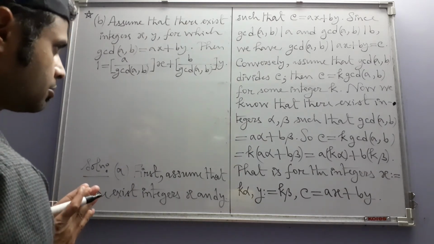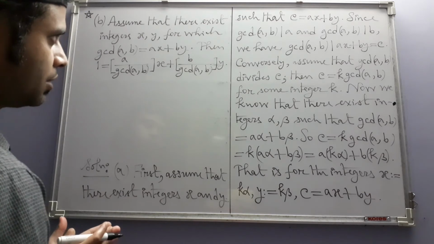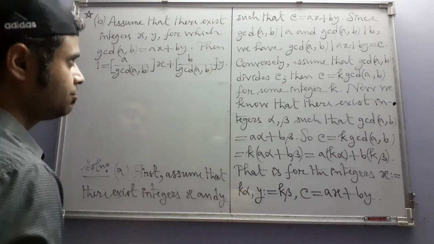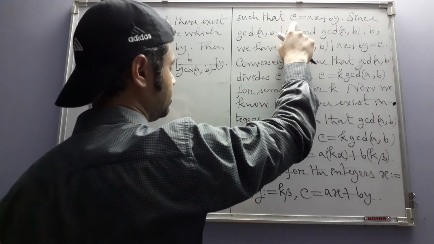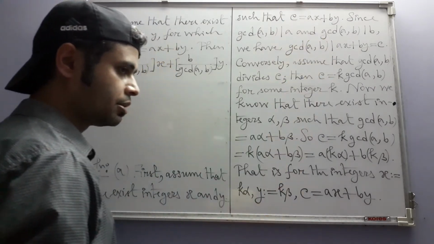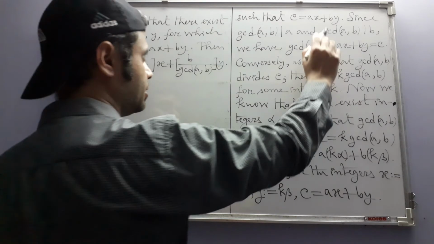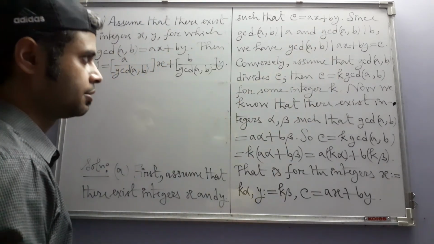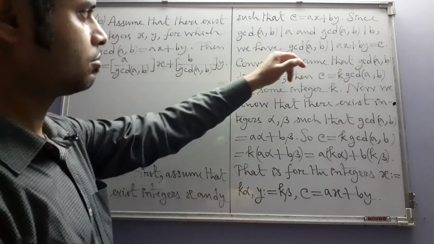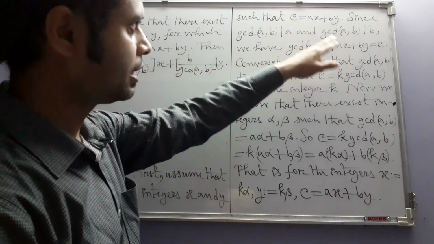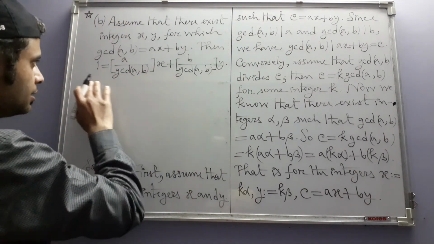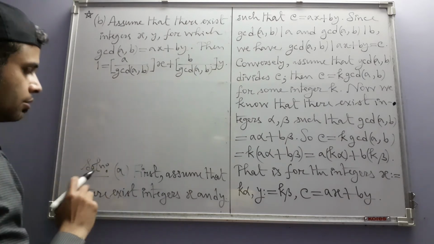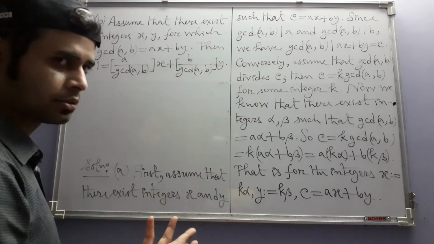Okay, so in part A, what we have proved is that if you are able to express an integer as a linear combination of a and b with integer coefficients, then the greatest common divisor of a and b divides that c. Now in this case, that role is played by 1, the role of c.